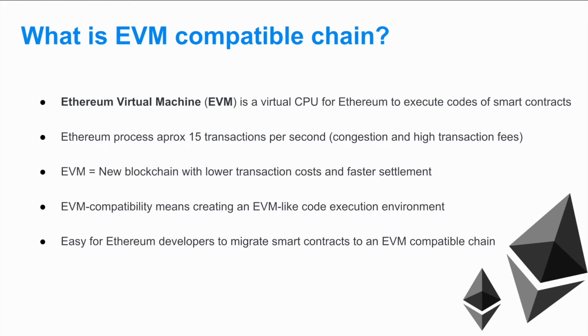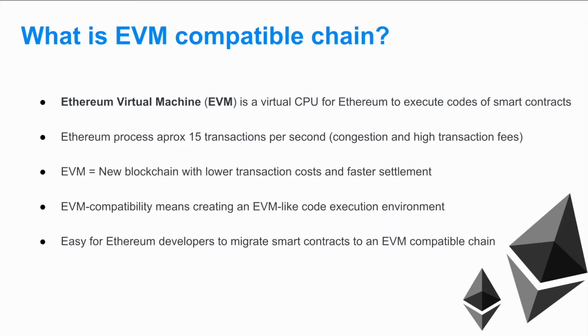Now, EVM compatibility, on the other hand, means that you can create or execute the same code, the same smart contracts, the same dApps, if you want, just as on Ethereum, right? That's why we have such an easy transition, such an easy migration from Ethereum to EVM blockchains such as Emerald.